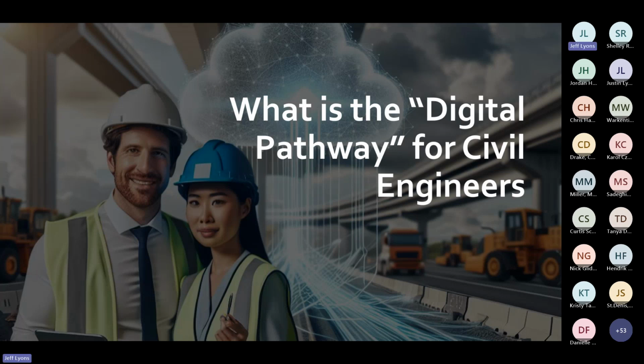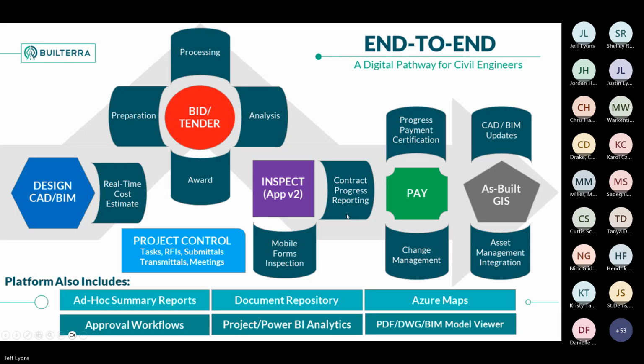We sort of coined a term called digital pathway for civil engineers. It's sort of a process which is familiar to us in the design group. And this is sort of what it looks like. So when we talk about e-procurement, we're really in the red circle here.